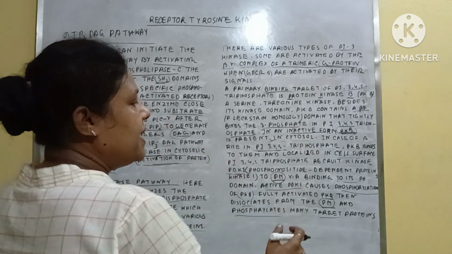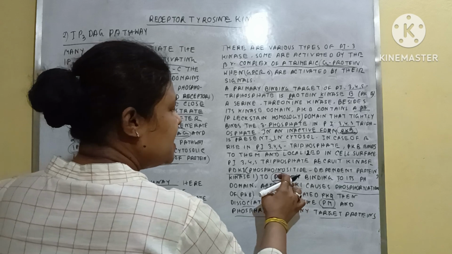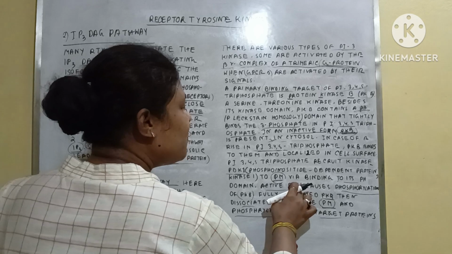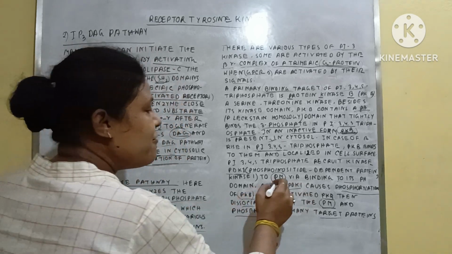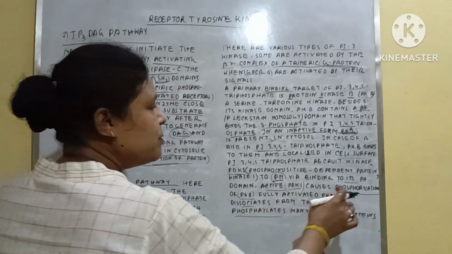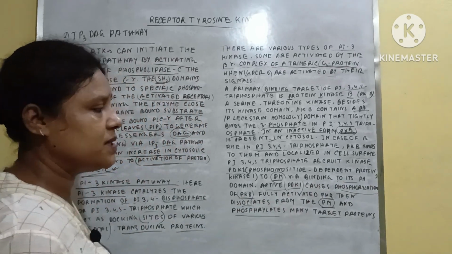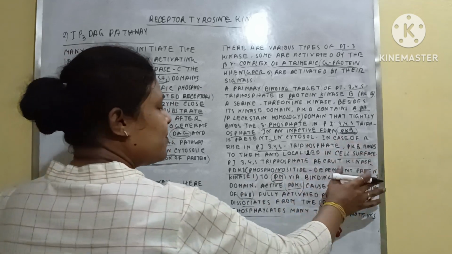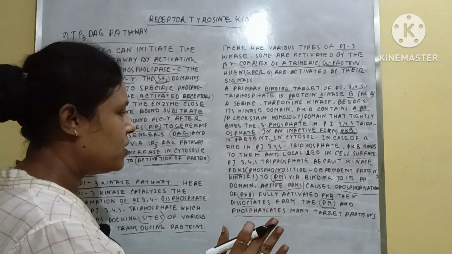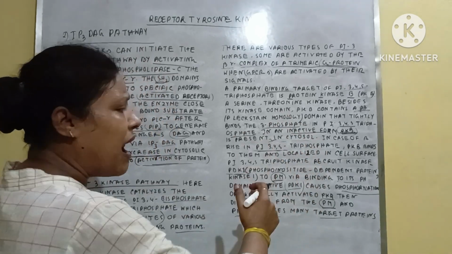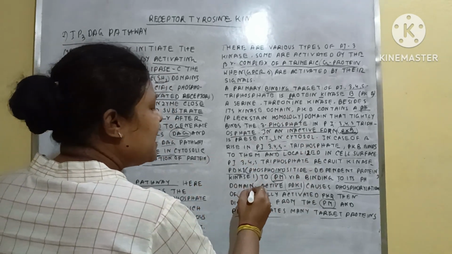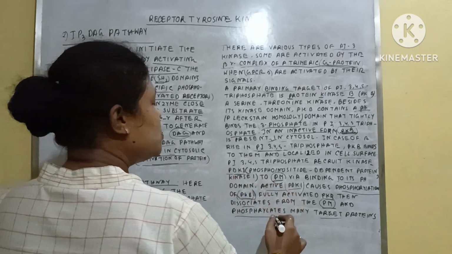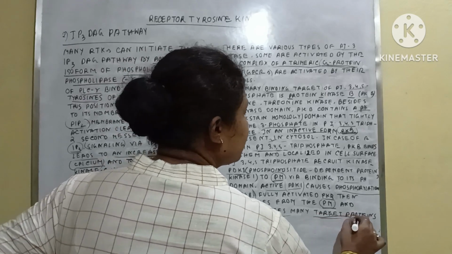Just after binding, PDK1 is activated, and this activated PDK1 causes the phosphorylation of PKB. If PDK1 is not there, the phosphorylation of PKB is not possible. Clear? So when all three are bound with each other, PKB gets activated and phosphorylates many target proteins.